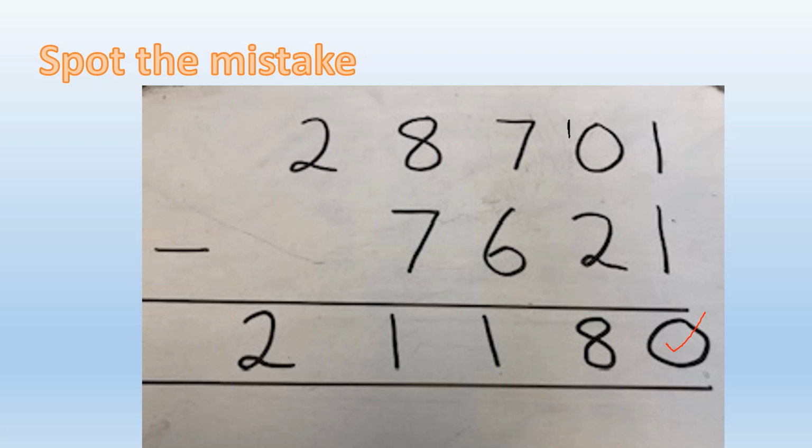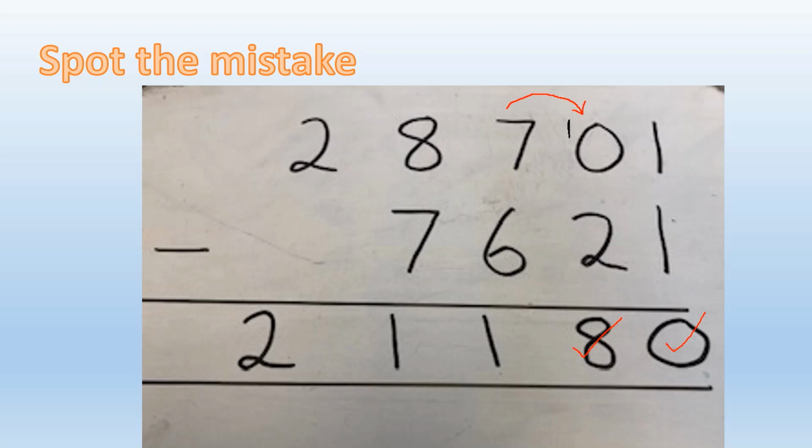Let's look at the tens now. The original problem was 0 tens take away 2 tens. So the person solving this recognised they couldn't do that, and they have exchanged 100 from the hundreds column and brought it into the tens column to make that 10 tens take away 2 tens, which is 8 tens. So that section is correct, but can you see where they've gone wrong here?